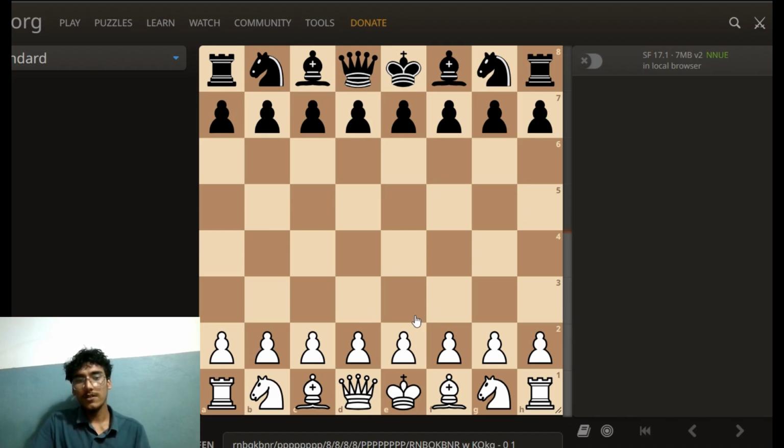So basically in chess we have this setup. One side is white and one is black. Let's start with the names.